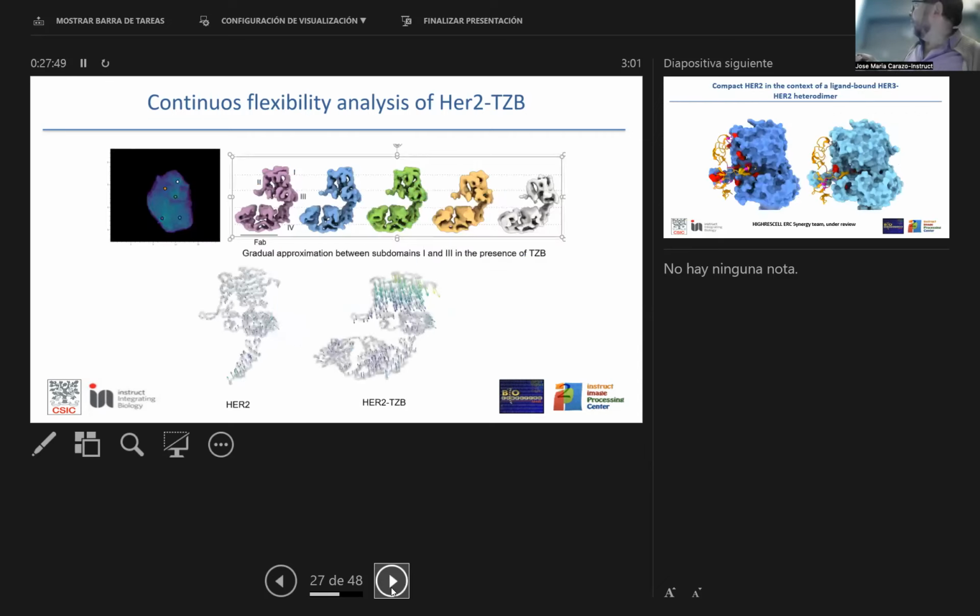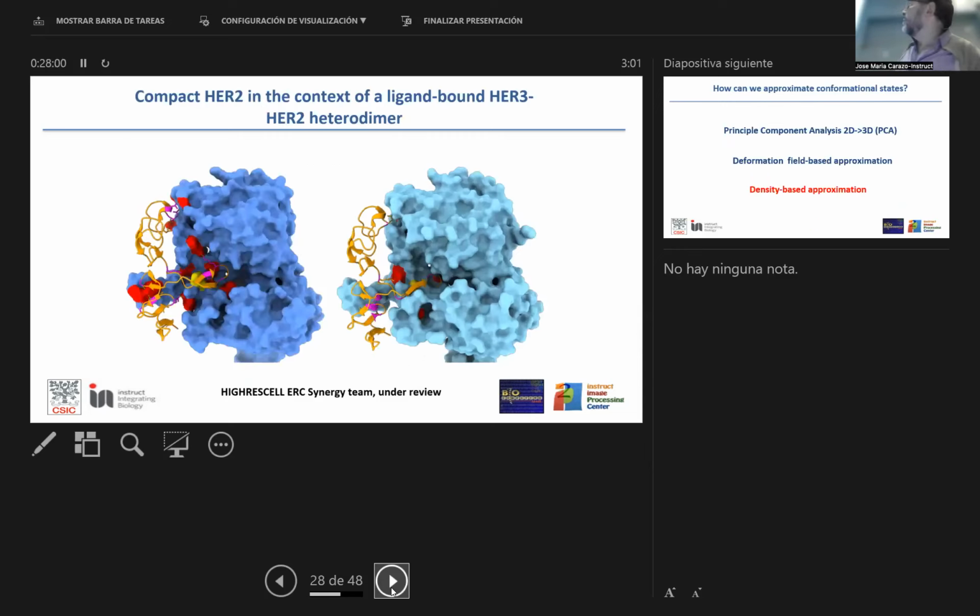And then when we analyzed these different snapshots in conformational space, we understood clearly: this is the extended, the normal HER2, and this is the compact form of HER2.